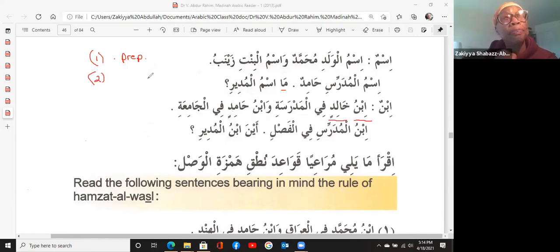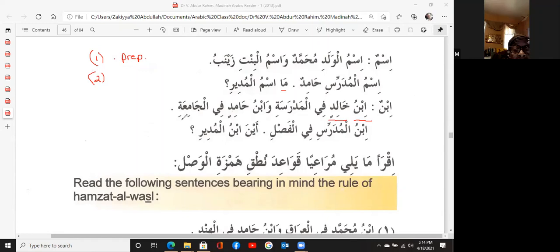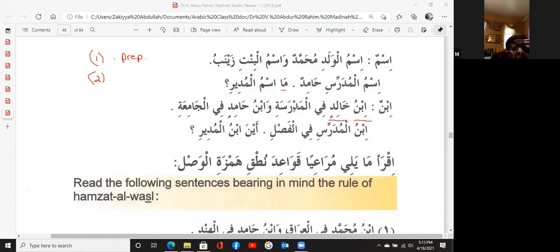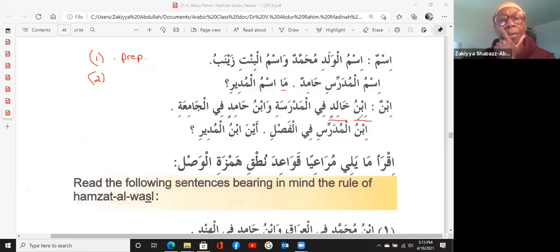So think of what we're dealing with right now. What we've been learning. We've been saying that the first noun will never have alif lam, will never have tanween, and we said that the second noun will be in genitive case. What is that? An idafa.